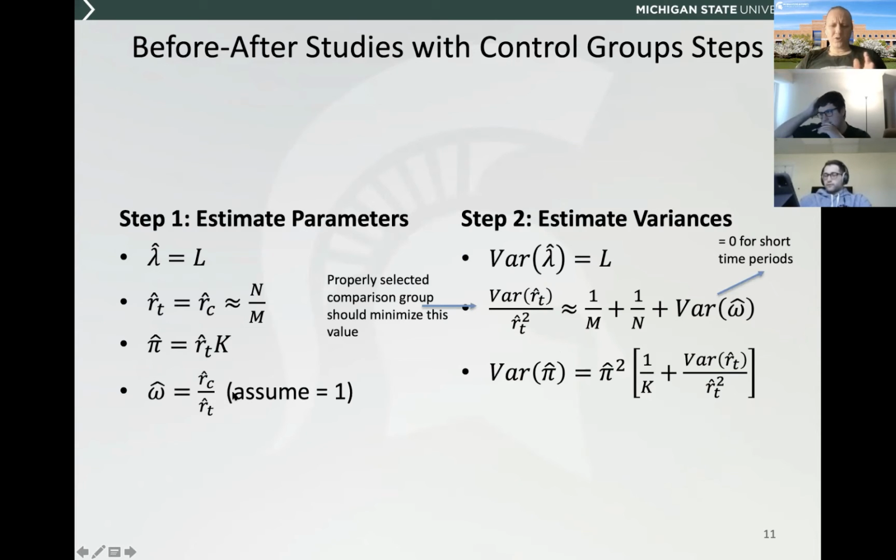We're assuming that same ratio applies for both the treatment and control groups. The variances for lambda, again, it's just going to be whatever the variance and the mean are equal to that same quantity L. Pi is a little bit more involved here because now we also have some other sources of variability that we need to account for here.